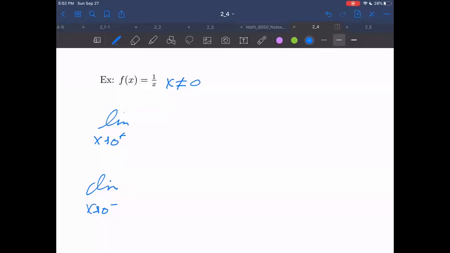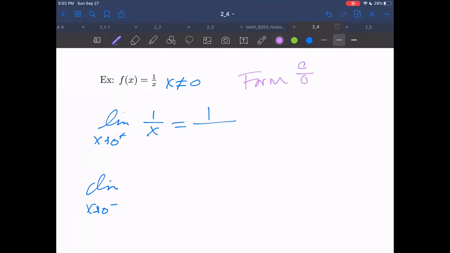So the limit as x approaches 0 from the right of 1 over x is going to be equal to 1 over, and here's the tricky thing. We can't plug 0 in, and we can't factor or use a conjugate, so it's of the form c over 0. If this is the case, then what we do is we use small positive, small negative.